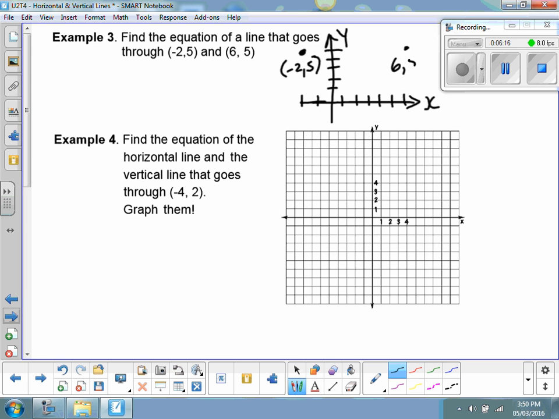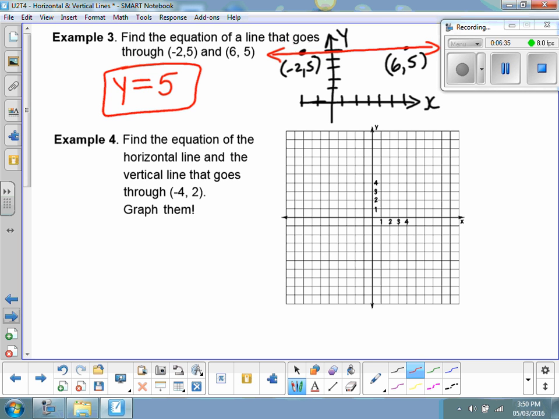It goes through (6, 5). And now if I draw my line through those points, now that I've got a picture of it, I can see that it's a horizontal line. It cuts the y-axis at 5. And what you realize is that when they give you 2 points and the y value is 5 in both of them, that's going to tell you that the equation is going to be y equals 5. But you can always draw a picture of it to make sure that you're on the right track.